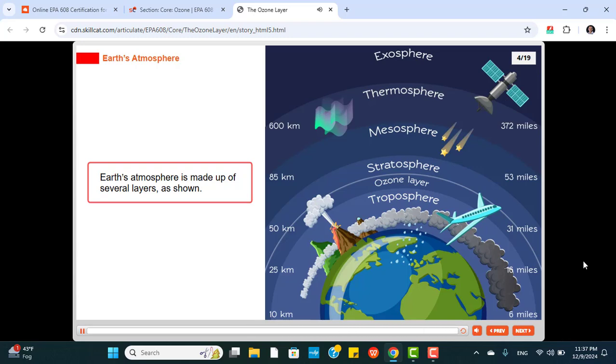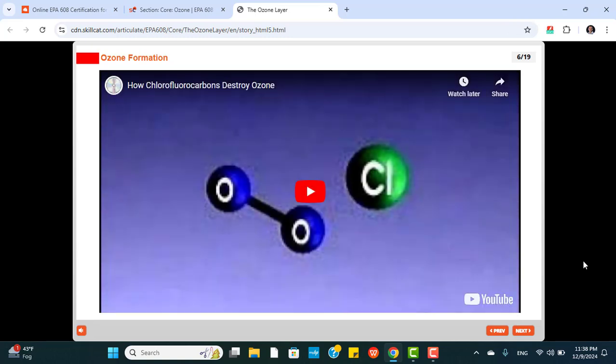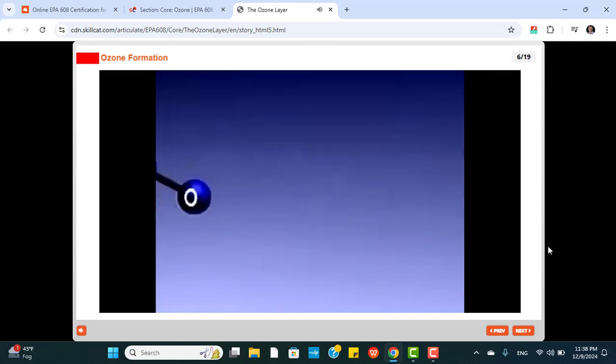Ozone gas is found in the 2 lowest layers of Earth's atmosphere, the stratosphere and the troposphere. Most ozone is found in the upper atmosphere, where it is produced in small amounts when the sun's high-energy rays strike ordinary oxygen molecules.